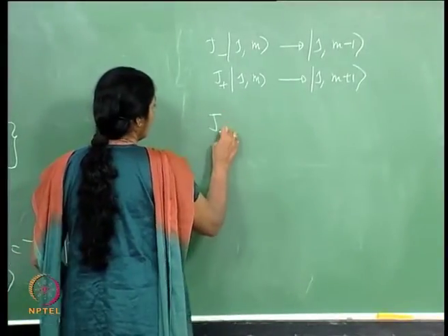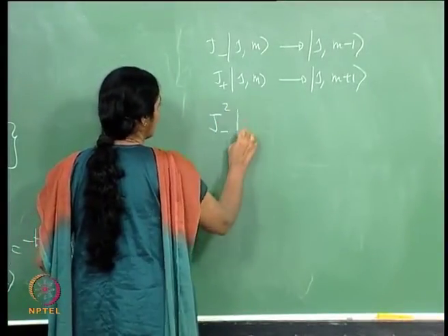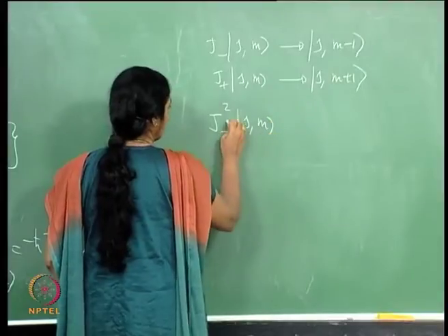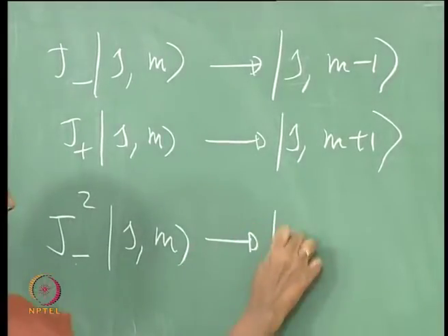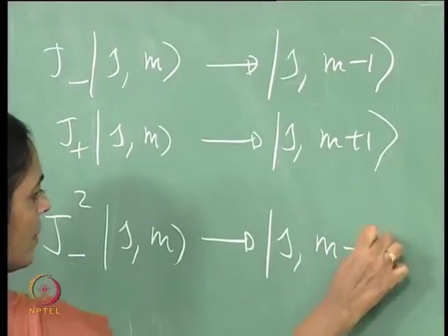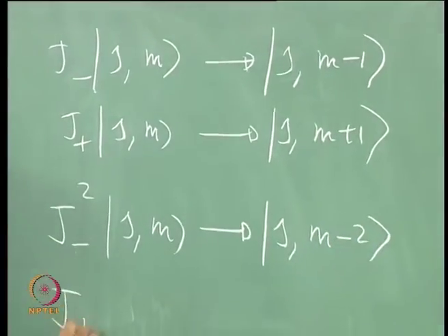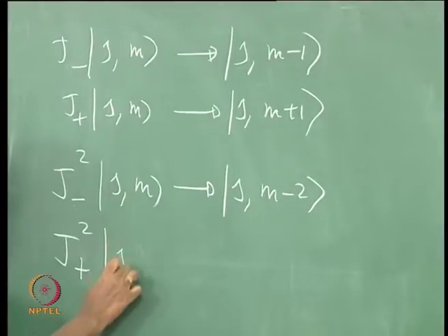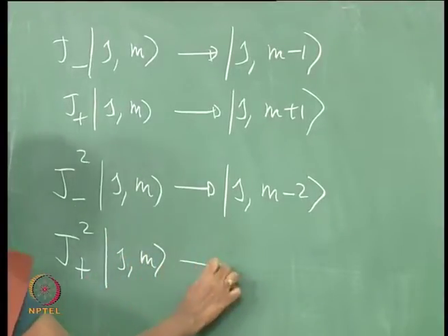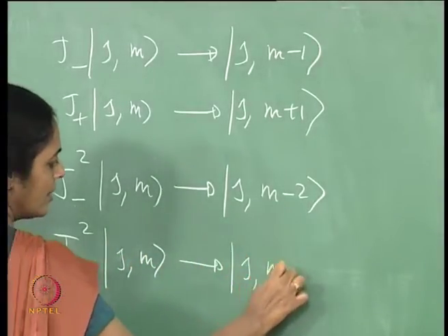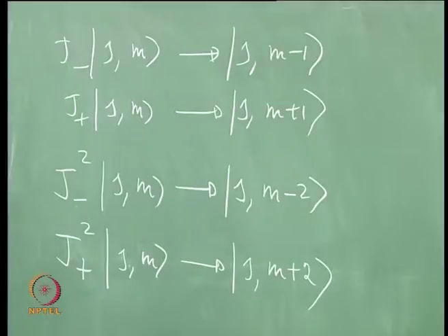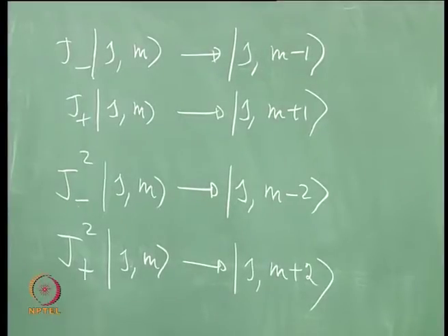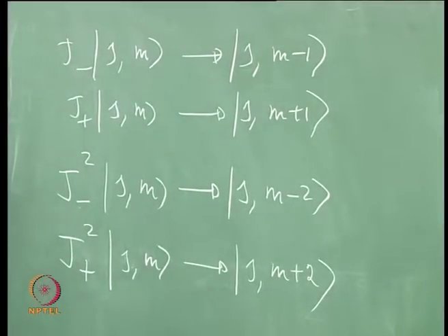It's clear that if J minus acts twice on |j, m>, it takes it to the state |j, m minus 2>, and if J plus acts twice, it takes it to the state |j, m plus 2>. In this sense, they are raising and lowering operators or ladder operators.